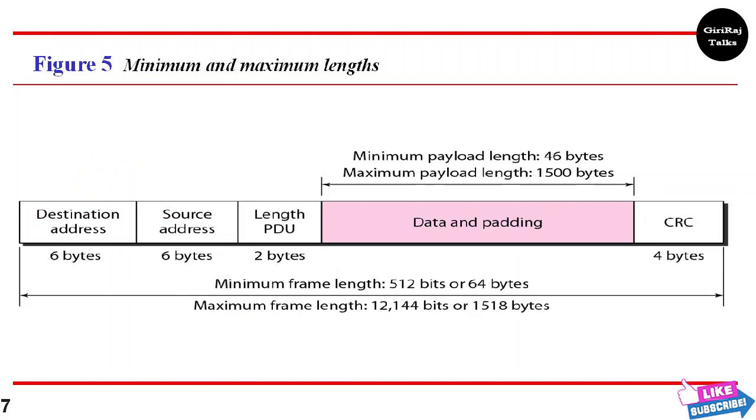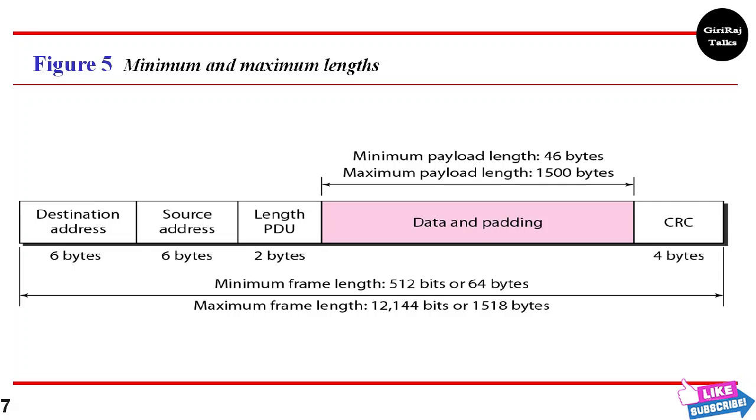Let us see frame length. Ethernet has imposed restrictions on both the minimum and maximum lengths of a frame. You can see in figure 5 that is on the screen. The maximum length restriction is required for the correct operation of CSMA/CD. An Ethernet frame needs to have a minimum length of 512 bits or 64 bytes.